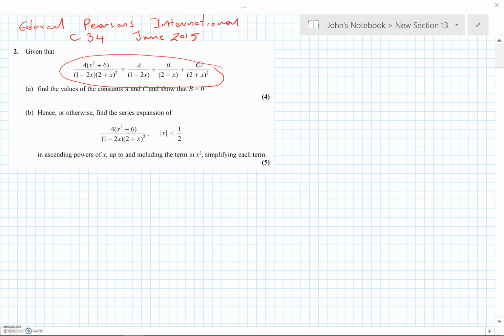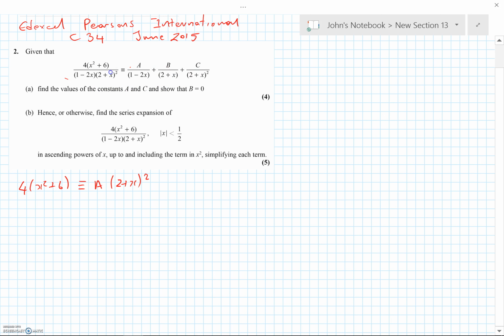If I multiply out this expression that we've written here with the equivalence, we've got 4x squared plus 6 is equivalent to... Now if I multiply out the first term here, then I'm going to find 1 minus 2x cancels, so that's a(2 plus x) squared.